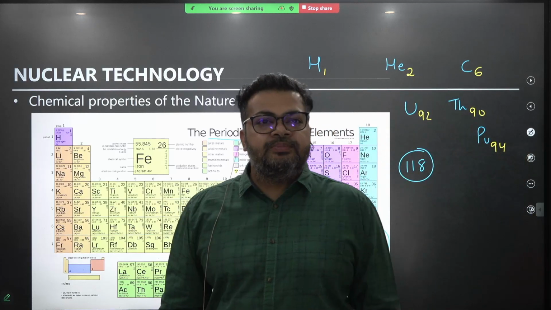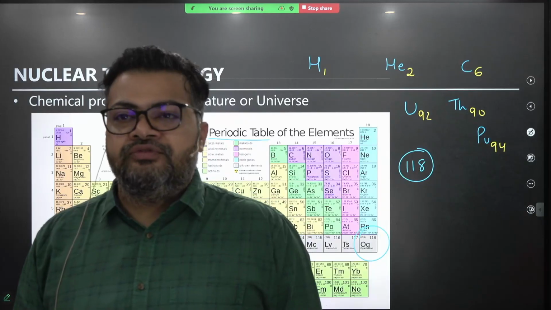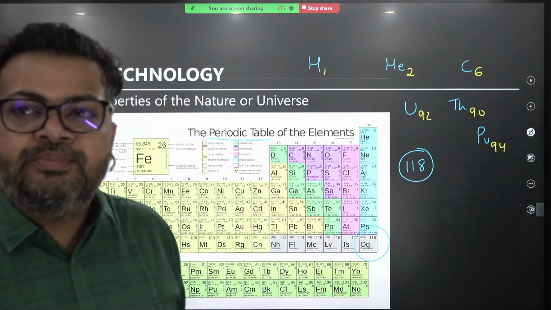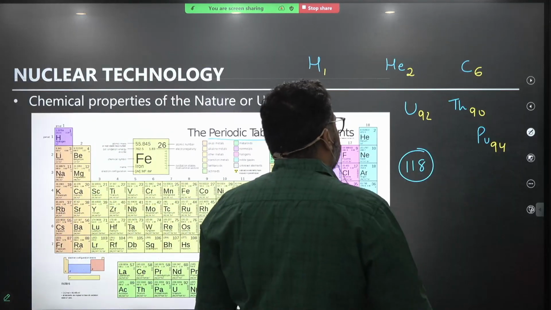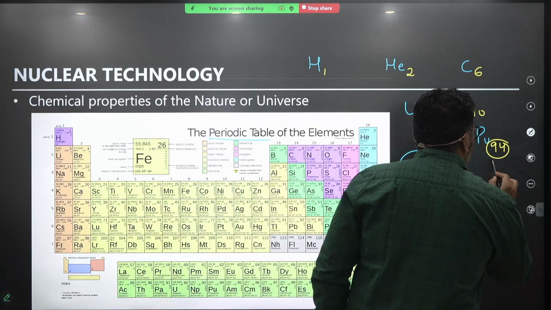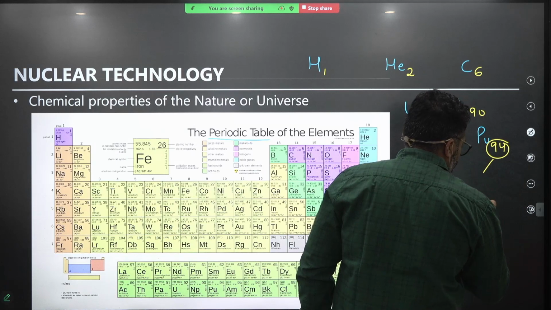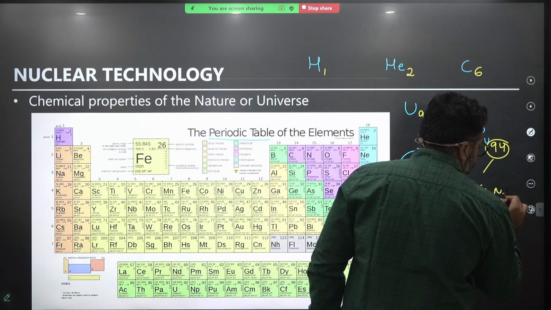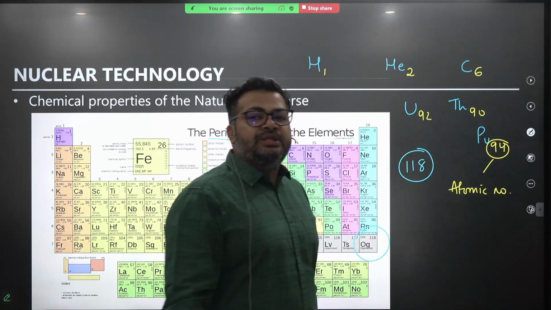What do you call this number that we write in the lower corner of the elements? We call this number the atomic number. What is the meaning of atomic number?